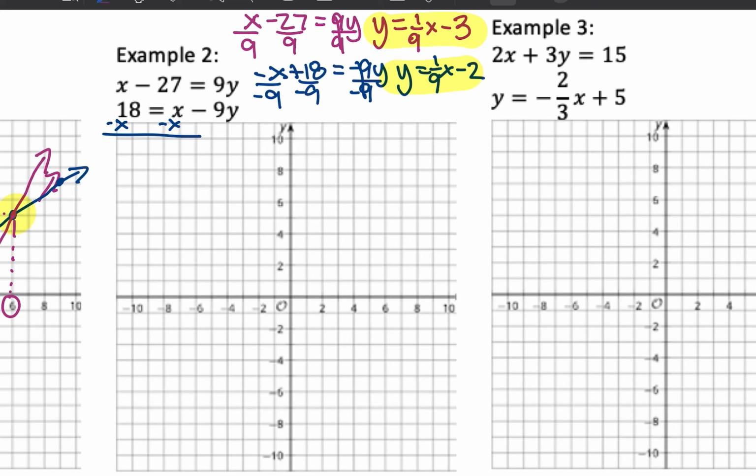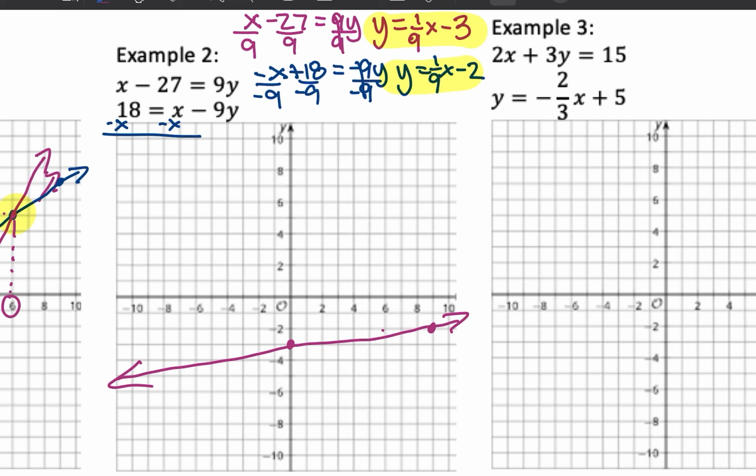I'm going to start with the first one. So our slope for that first one is 1/9, and our y-intercept is negative 3. So we're going to go down to negative 3 and use our slope to graph. So we're going to go up 1 and over 9, and go ahead and connect those.